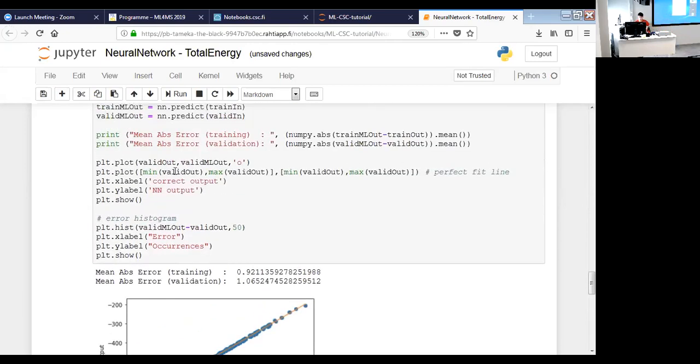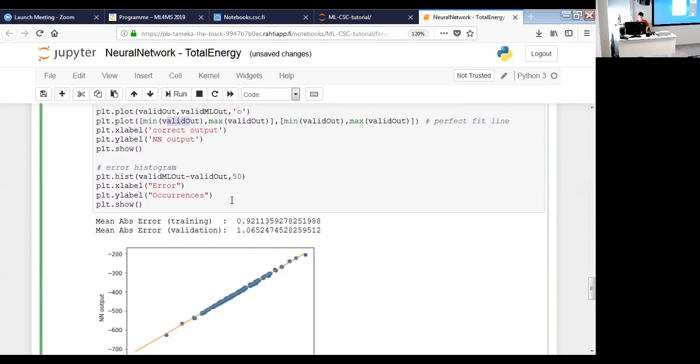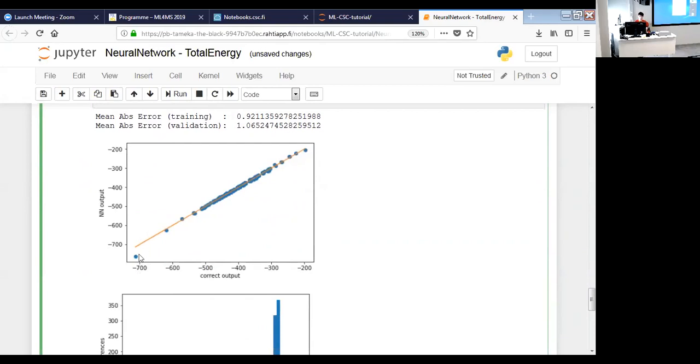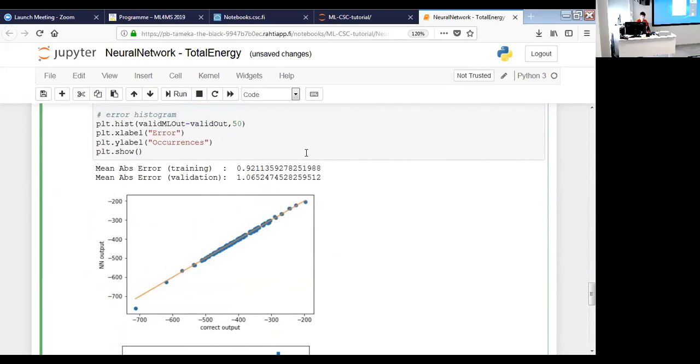You'll notice that in the ends here, high energy, low energy, it's not as accurate, and that is normal. There are not that many molecules in the training set at those extremes of the energy space, so it didn't learn those very well because there were not that many samples. It's expected.